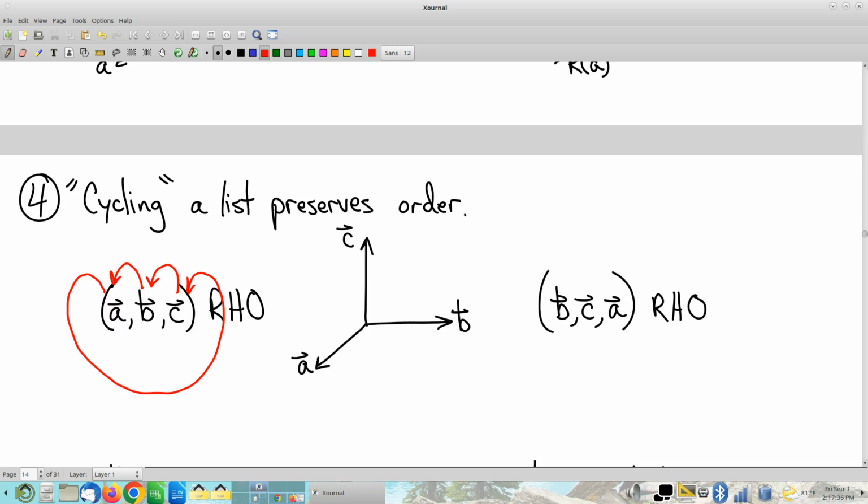Now I'm going to show that BCA is in right-hand order, like this. This is the little hand gesture, right? ABC right-hand order, BCA right-hand order. Everybody happy?